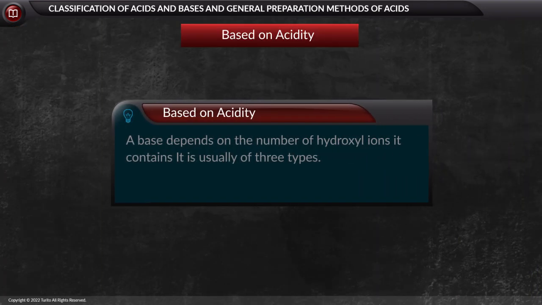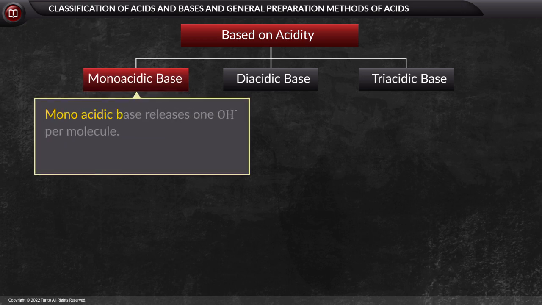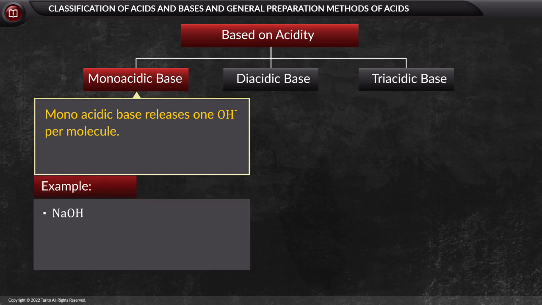The acidity of a base depends on the number of hydroxyl ions it contains. It is usually of three types: monoacidic base, diacidic base, and triacidic base. Monoacidic base releases one OH- per molecule. For example, NaOH.